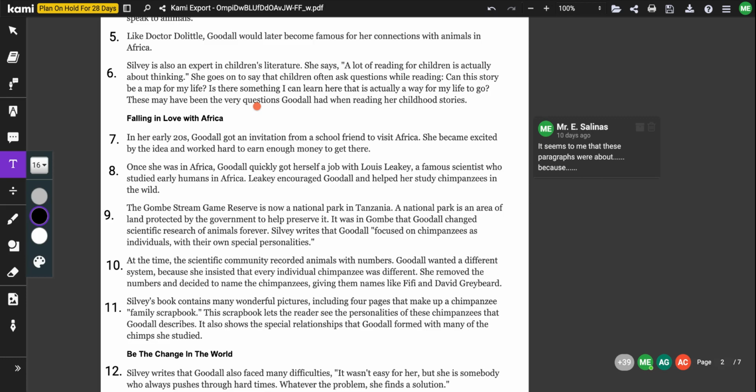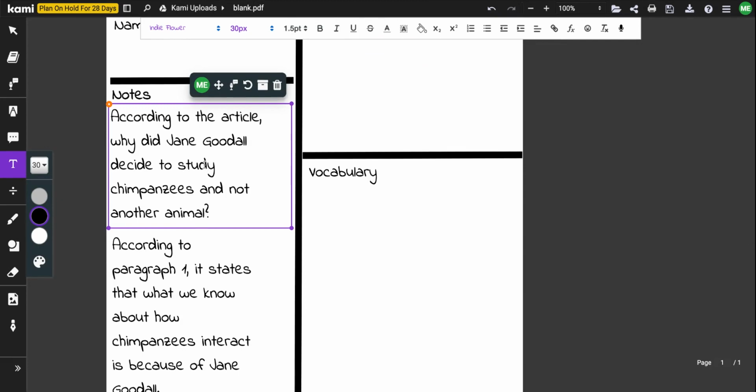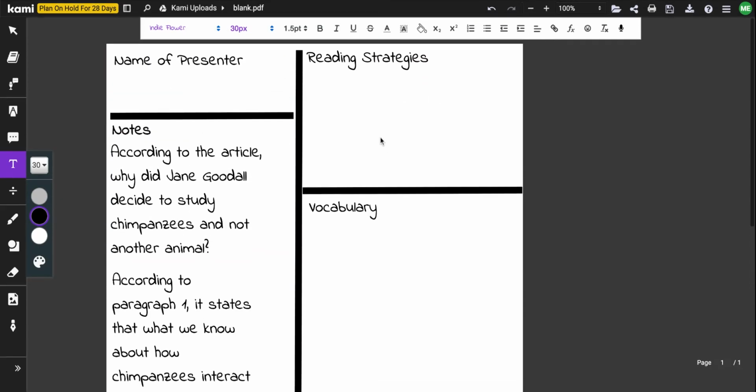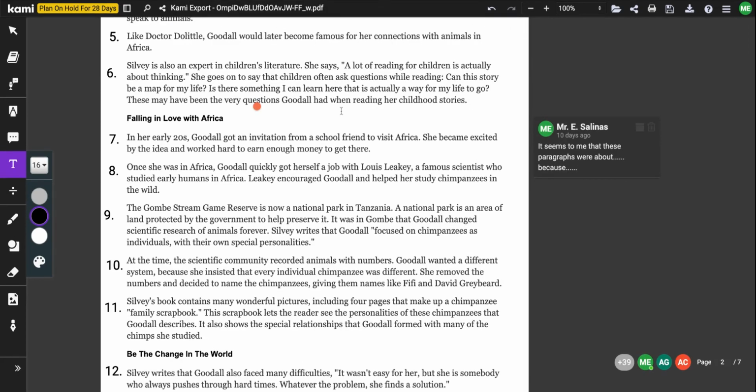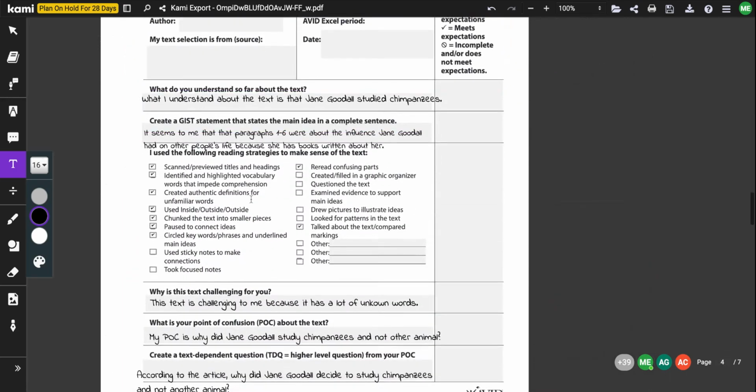So let's say we were done with the notes section. We then jump into the reading strategies. I do apologize. So we're done with the notes section, and now we're going to jump into the reading strategy section. And all you have to do is add the reading strategies that you have in your Scholar Group request form, which is right here.